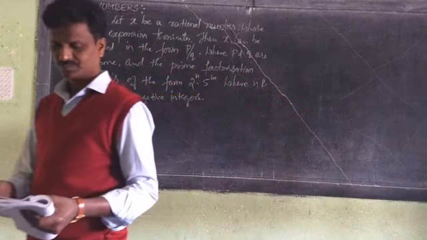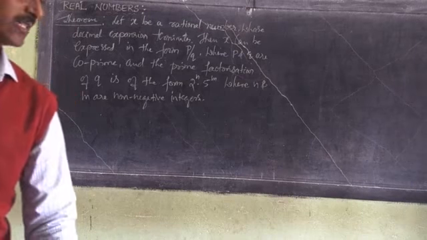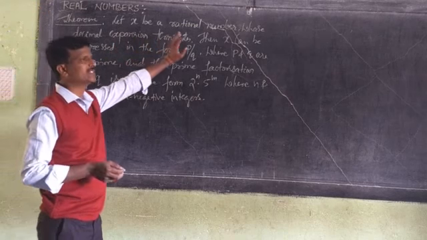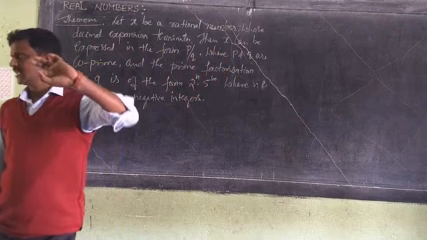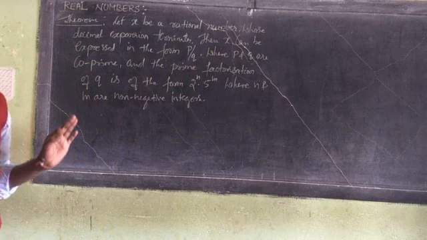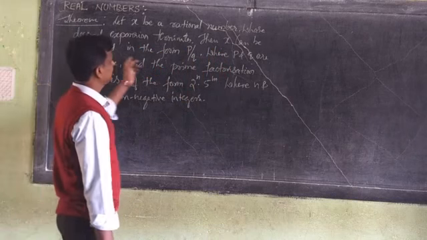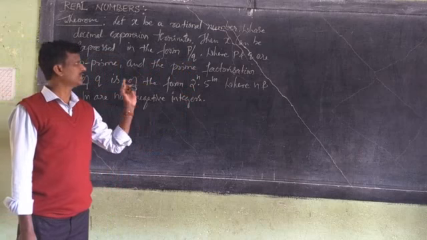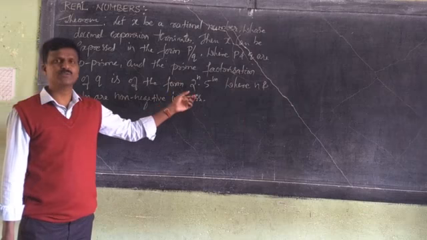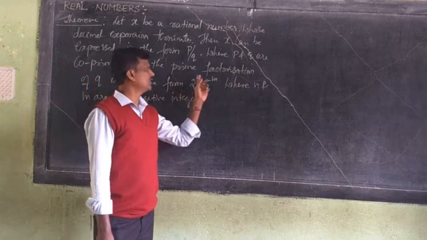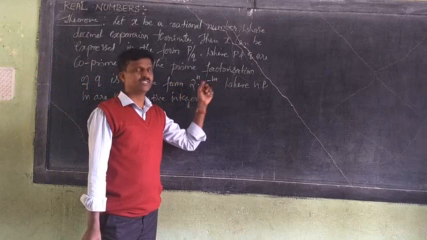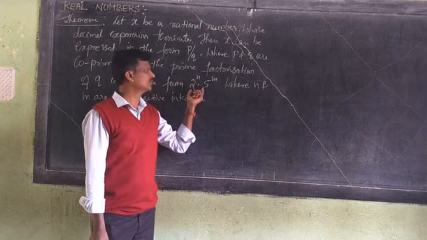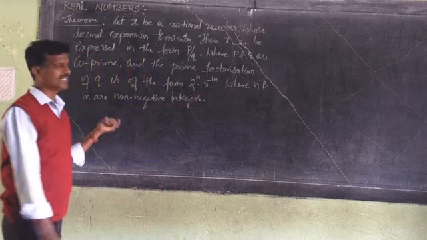This is the theorem. This theorem clearly says that if x is a rational number whose decimal expansion terminates, then it can be written in the form p by q, where p and q are co-primes, and the prime factorization of q is of the form 2 to the power of n and 5 to the power of m, in the powers of 2, or in the powers of 5, or in the powers of both 2 and 5, where n and m are non-negative integers.